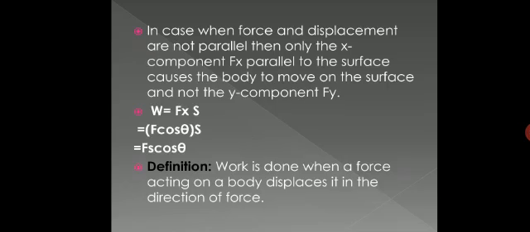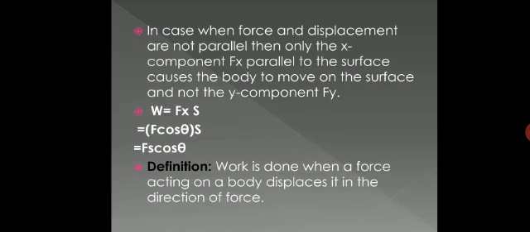Now, how can we define the work? Work is done when a force acting on a body displaces it in the direction of force. This formula shows that work done depends upon force, displacement, and theta, which means the angle between the force and the displacement.